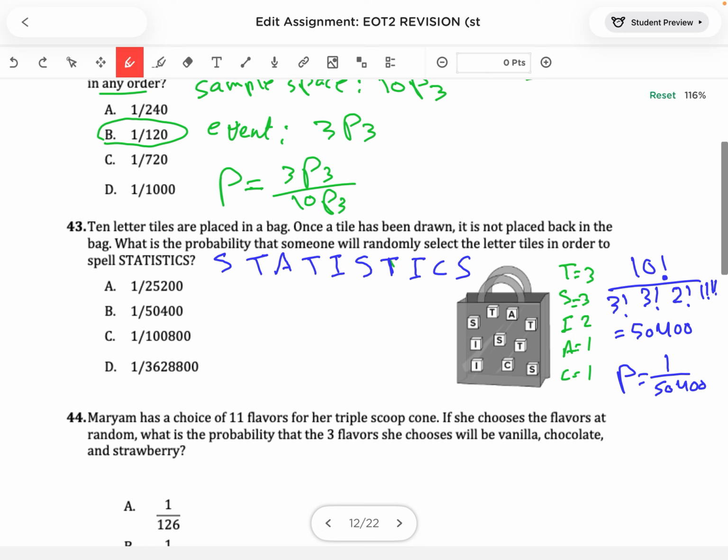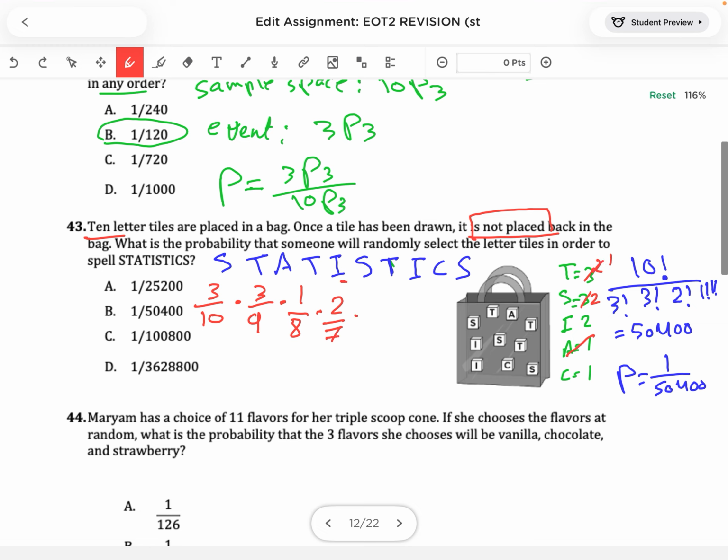And see, we said we have 10 letters and it cannot be placed back. So for S, I have 3 S's over 10, so the number of S becomes 2. Then T, I have 3 over 9. Why over 9? Because it cannot be replaced back. So the letter that I select, I will throw it out. Times, I have only one A, 1 over 8. So A is cancelled. With T becomes 2. T again, so I have 2 over 7, so the number of T's becomes 1.